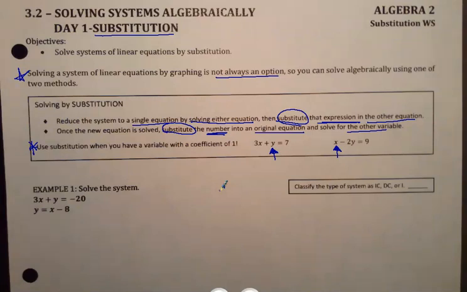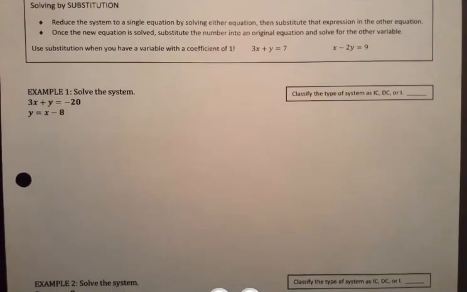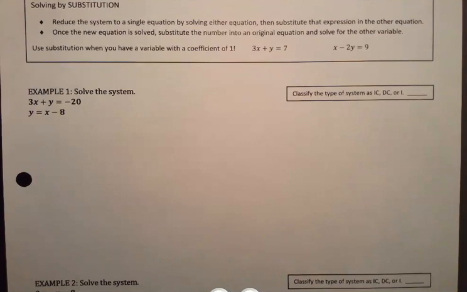I'm going to erase a little bit and move up so we have plenty of workspace here. So, solve the system. We have 3x plus y equals negative 20 and y equals x minus 8.